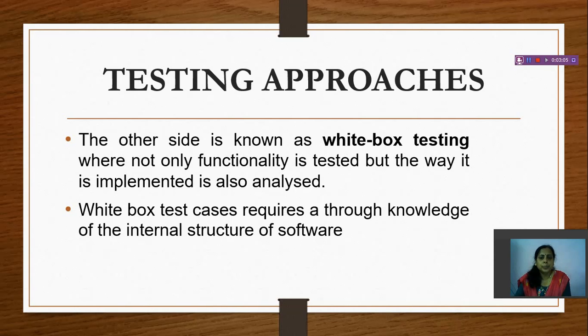To test the white box, the programmer should have thorough knowledge of the programming. Then the tester or programmer can design the test cases of white box testing. So black box testing checks the functionality of the software, but white box checks both the functionality and the implementation of the software.